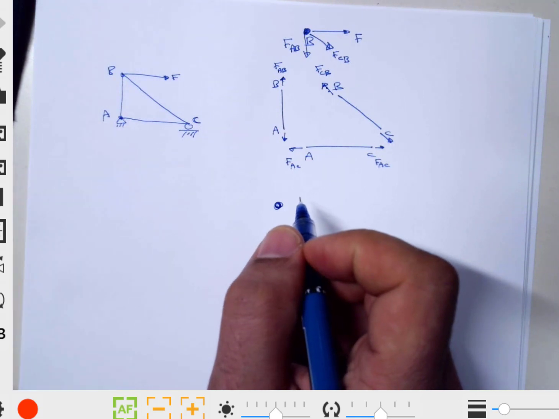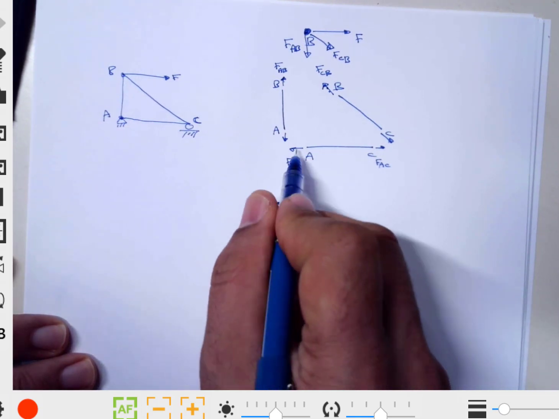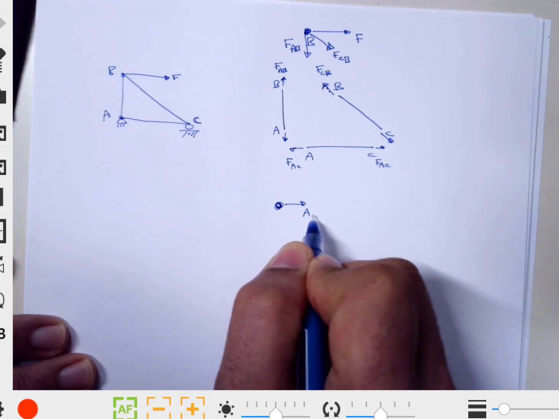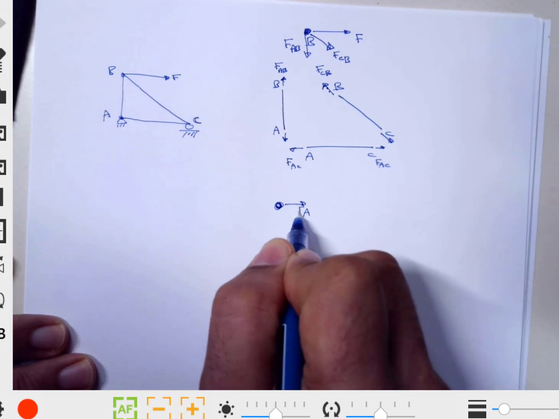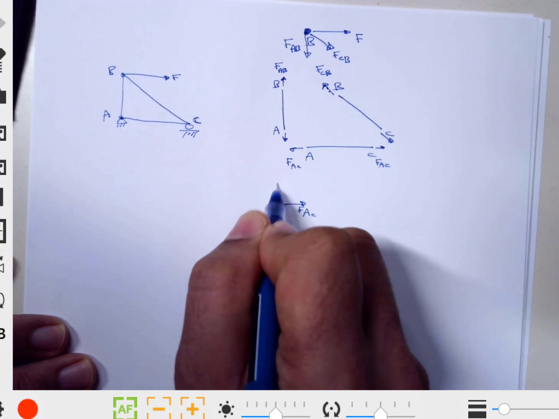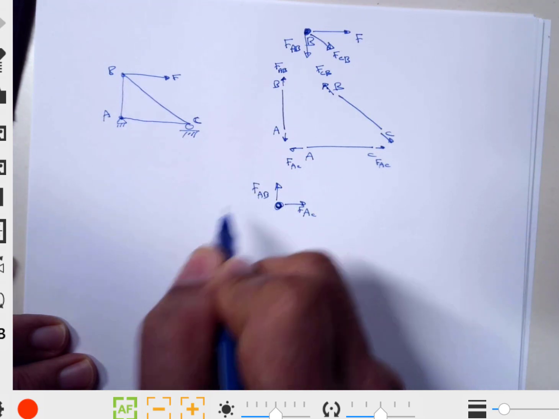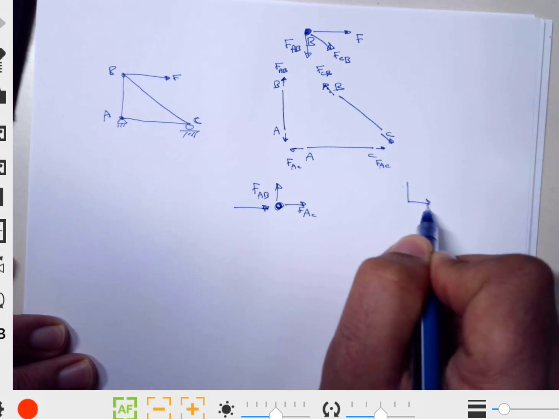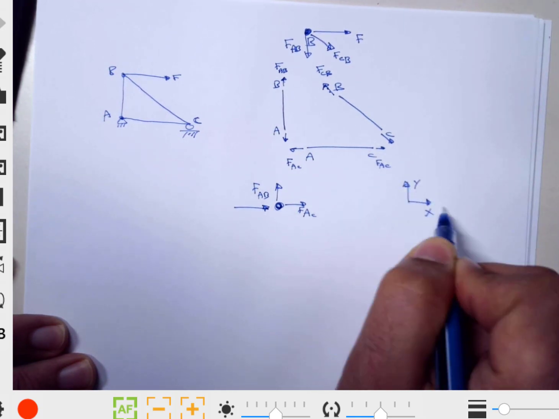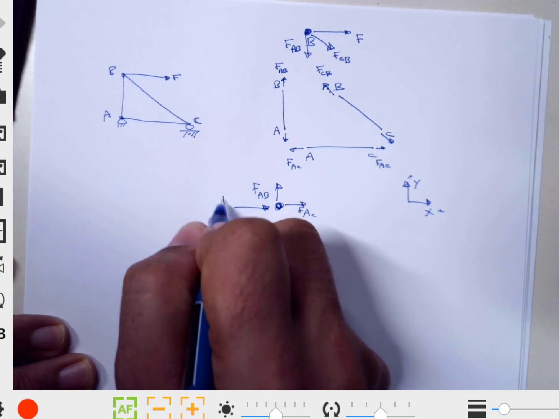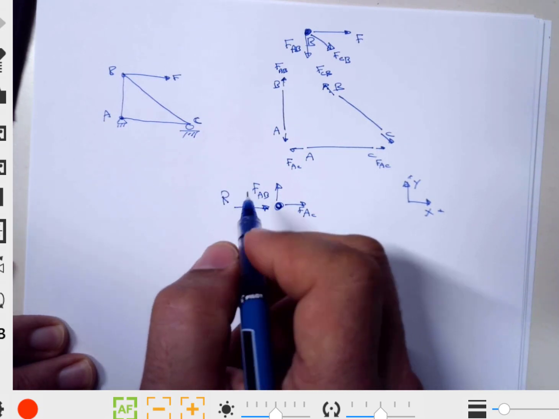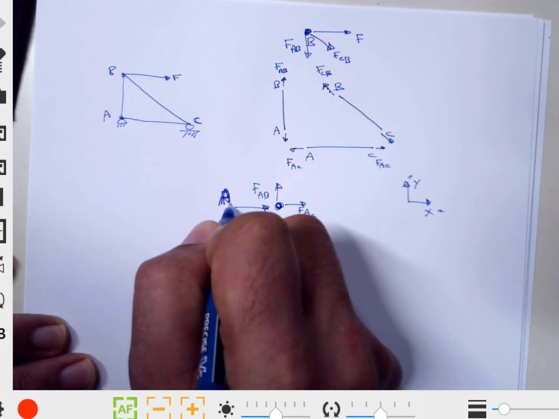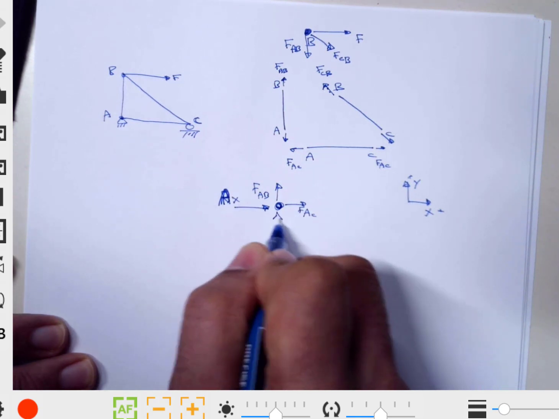Now for A and C it is a little bit different, and in fact we need to make sure that we also add the reaction force. So here we have FAC, and here we have FAB, and also we have two reaction forces. I'm going to assume X and Y positive here, so I'm going to call this AX, and I'm going to call this AY.